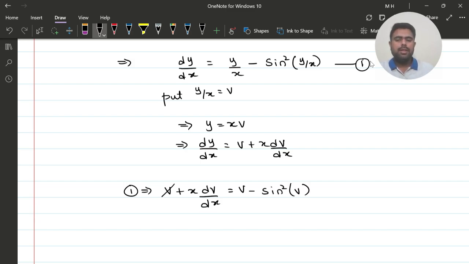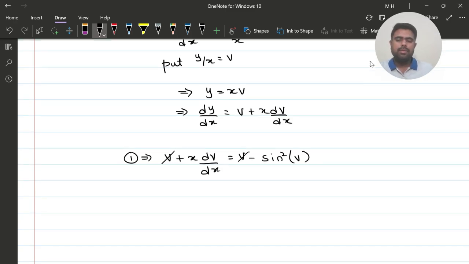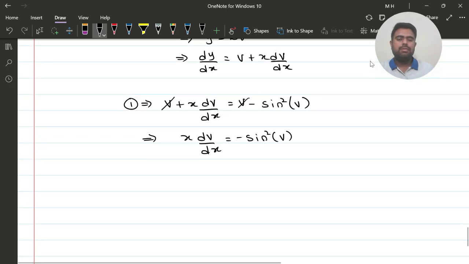Okay, this v and this v cancel. So this will give me x dv by dx is equal to minus sin square v. Okay, bringing minus sin square v to this side, it divides along with the minus. So 1 by sin square v is cosec square v dv is equal to, this coming to this side, I will get 1 by x dx.